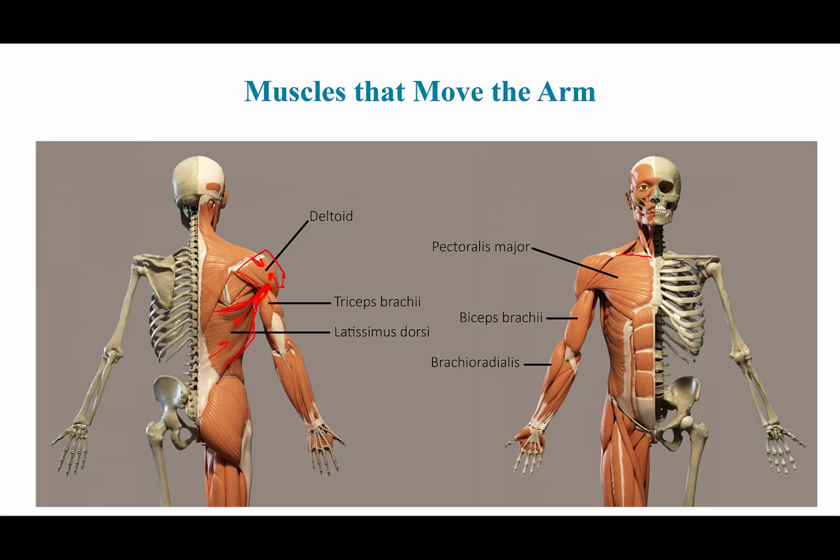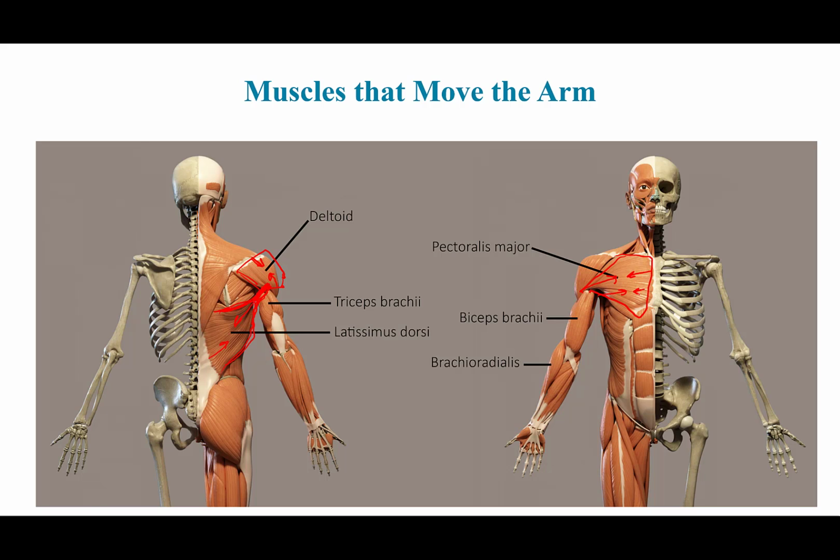The other muscle here, a very, very popular muscle, is the pectoralis major. Inside was the pectoralis minor. The outside one is the pectoralis major. If you look at this here, when the muscle contracts, it's going to bring the arm inward like that, right?